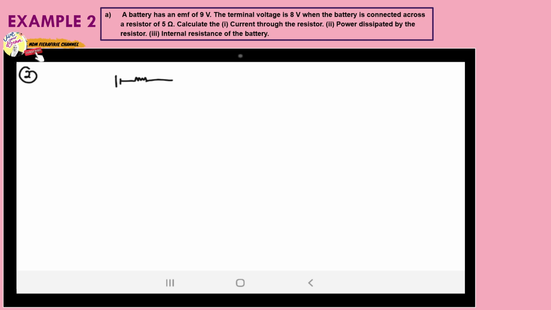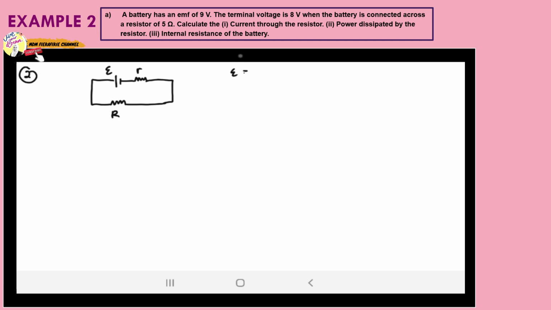Where did the other 1 volt go? 1 volt is the voltage across the internal resistance in the battery. So now this is the external R, and this is internal, and this is EMF.